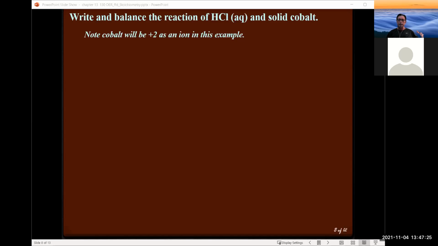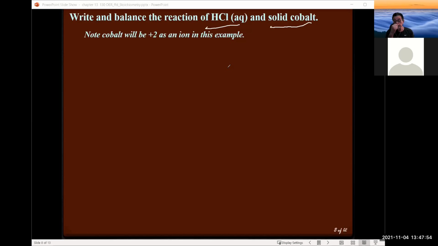Write and balance the reaction of hydrochloric acid and solid cobalt. Let me change the color here. Yeah, let's do that one. All right, so write and balance the equation of hydrochloric acid and solid cobalt.